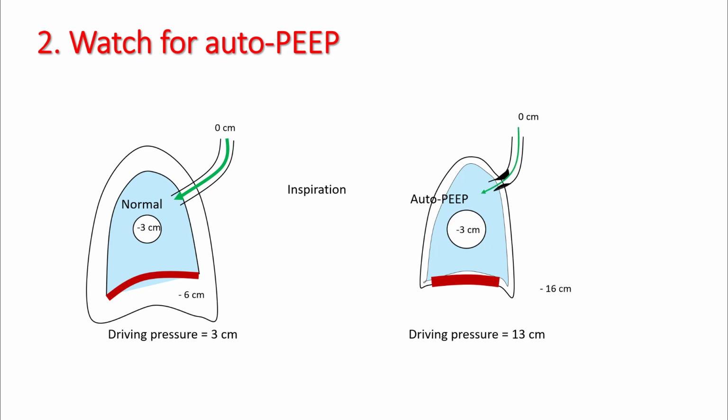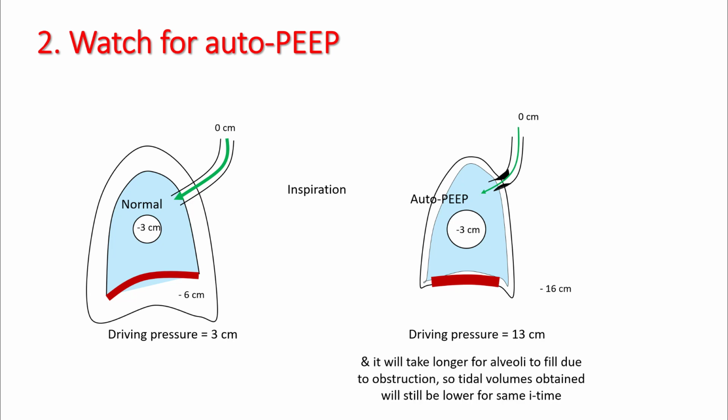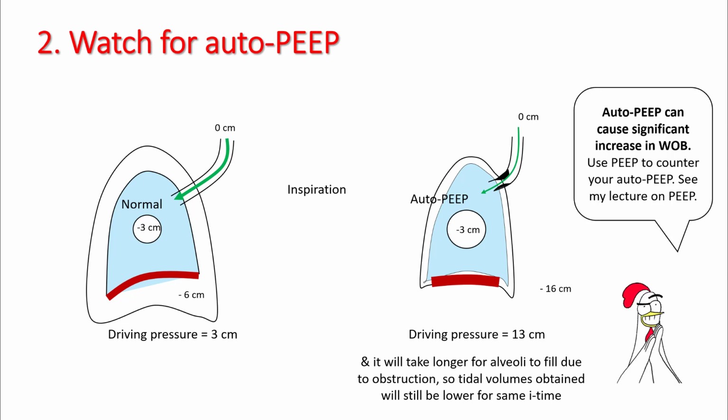So to generate a flow, this patient has to perform a driving pressure of 13 centimeter of water to get negative pressure inside that alveoli. And still, even by doing so, it will take longer for the alveoli to fill because of the obstruction. So the tidal volumes obtained will be much lower than the patients with a normal alveoli. So auto-PEEP can cause significantly increased work of breathing.